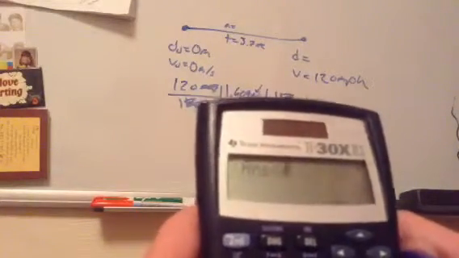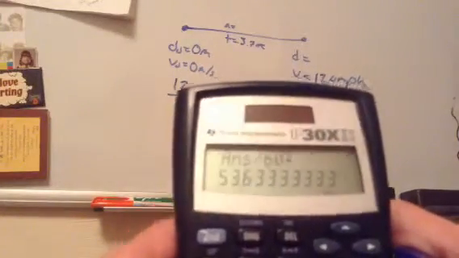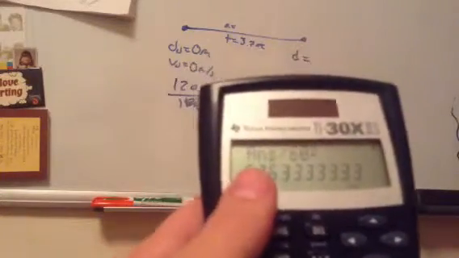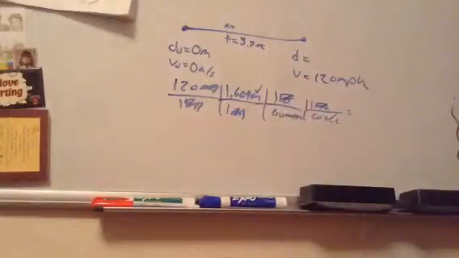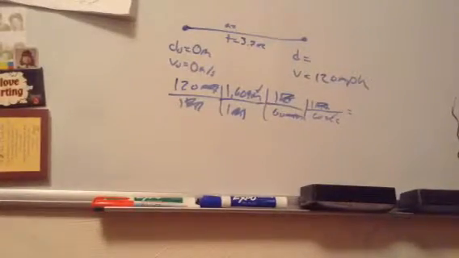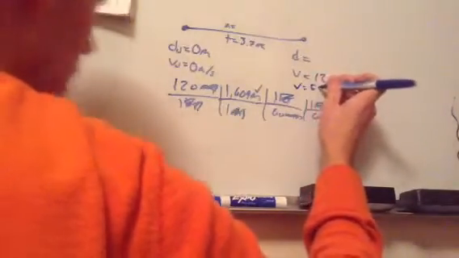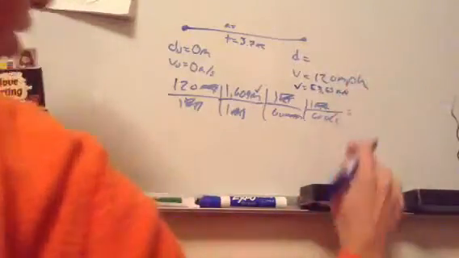You're going to divide that by 60 times 60, or 60 squared. That is your final velocity. That's how fast the coaster is traveling in meters per second. Okay? So now our real velocity that we're going to use in solving this is 53.63 meters per second.